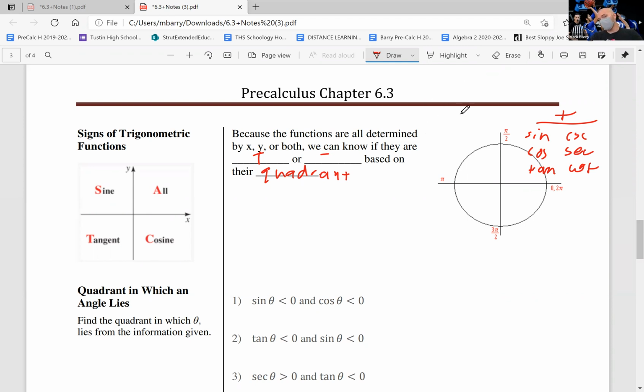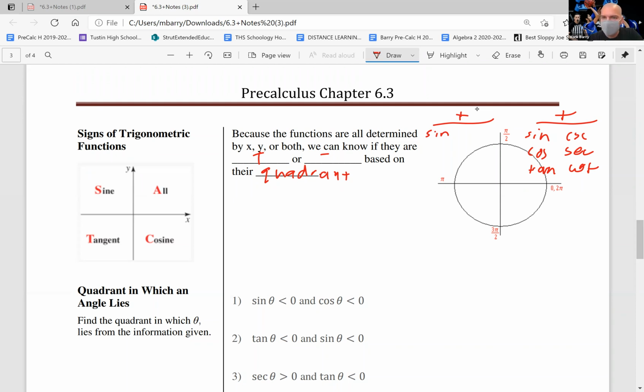Now, when we go over to the second quadrant and all the other quadrants, that list of positives is a lot shorter, okay? For positives in quadrant 2, we know that sine is based on y, and y in the second quadrant is still positive, so sine is still positive.